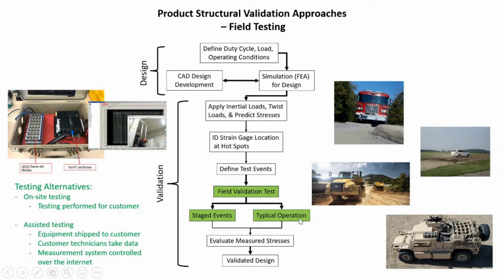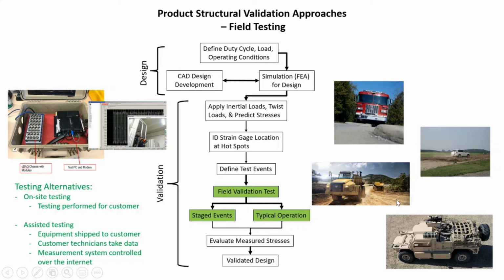The typical operation would be just that, but should be conducted over a range of, if it's a vehicle, speeds, over a range of loading conditions, and so forth. And we would be including all of the duty cycle events that we may have measured way up front and defined at the very beginning of the design process.